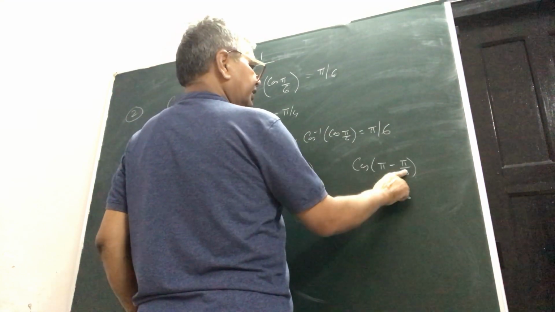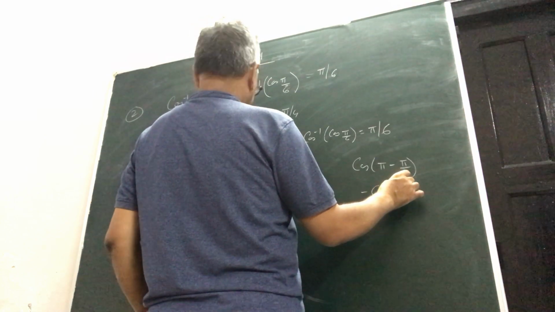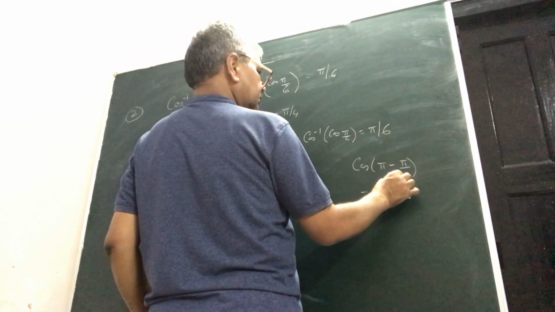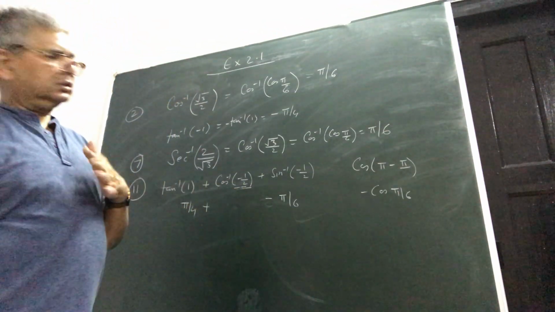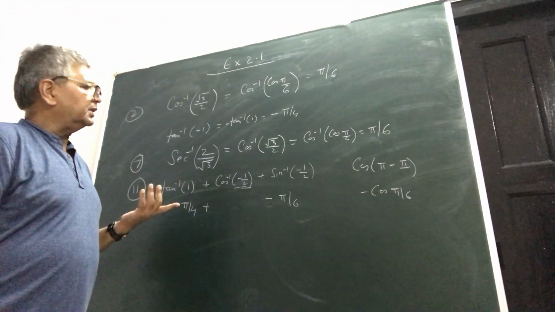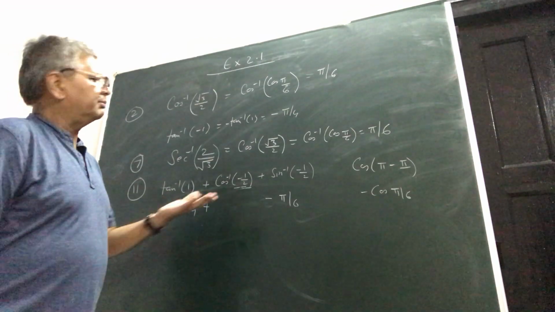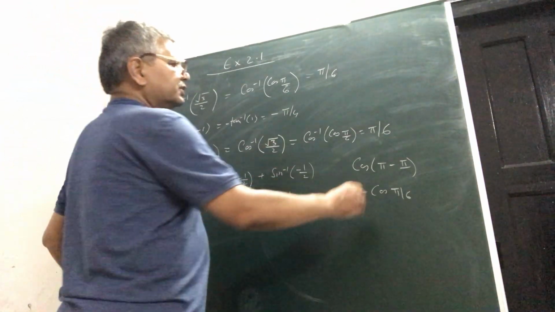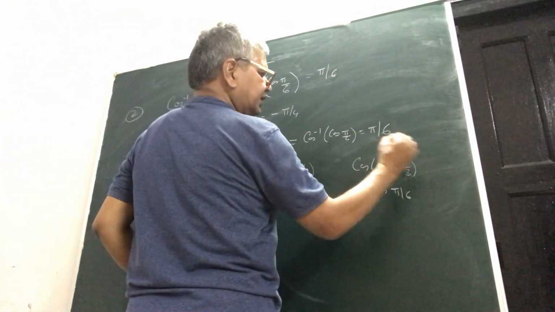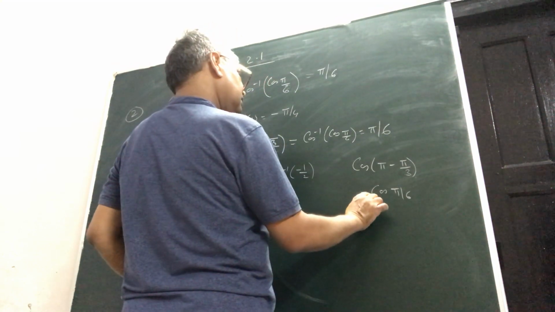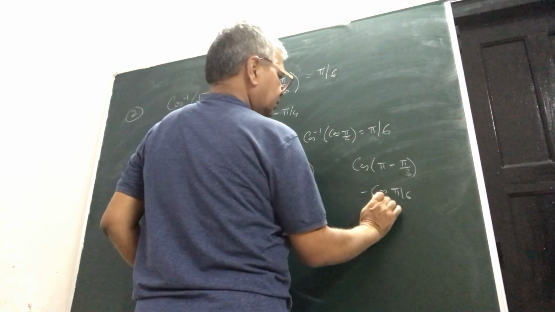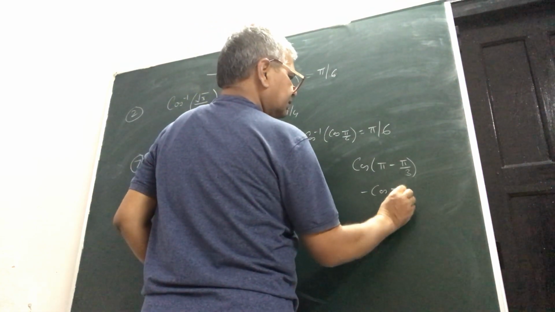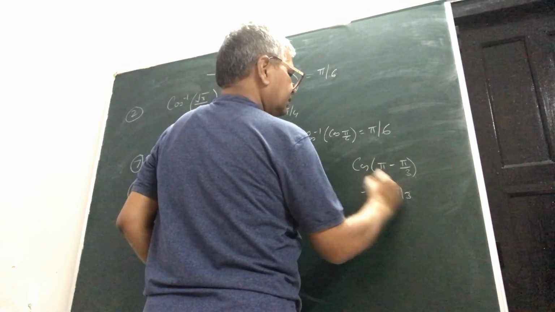Cos 60 is 1 by 2, so cos 60 means pi by 3. Pi minus pi by 3 will be 2 pi by 3. Yes, 2 pi by 3.